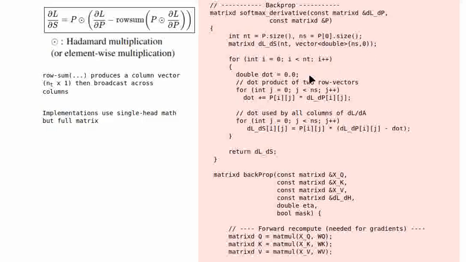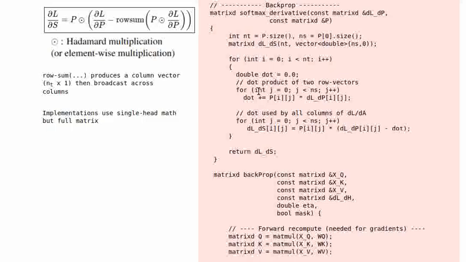And here we calculate the dot product of two vectors. So it is pij times dl/dp ij, summed over j, two vectors, because this is an element-wise multiplication.